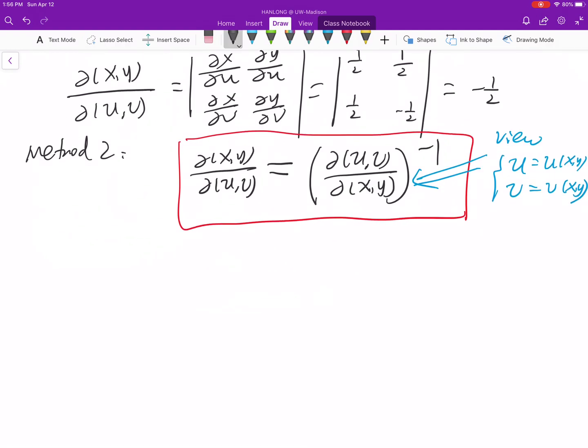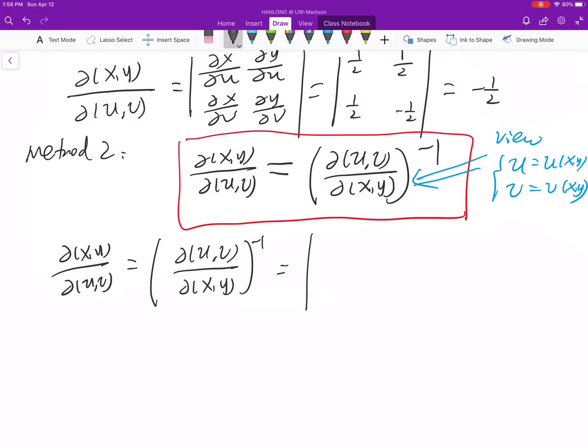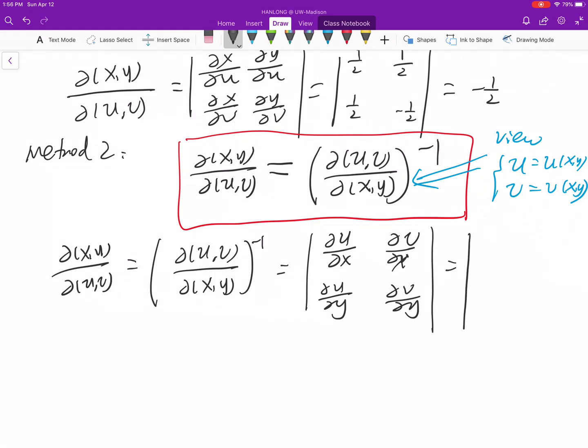Therefore here, you only need to compute the inverse of partial u, partial x, partial u, partial y, partial v, partial x, partial v, partial y. Here you don't need to solve the inverse function, because u is x plus y.